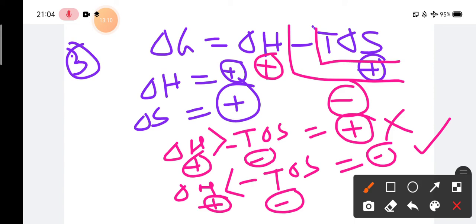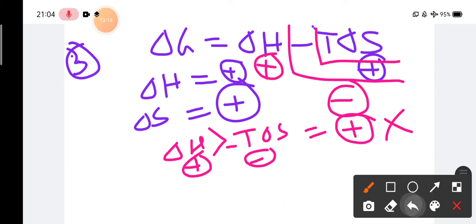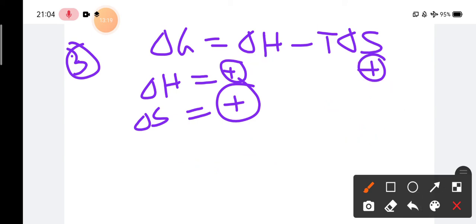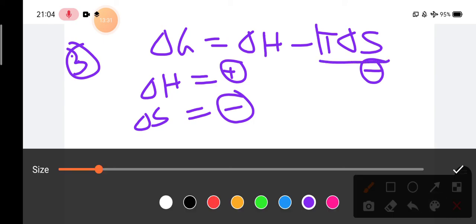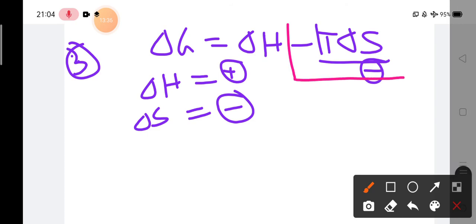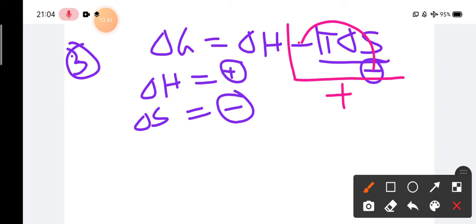So this is condition number 3, and let's move to the last condition, where delta H is positive and delta S is negative. If delta S is negative, that means T delta S is also negative. But as we know, minus T delta S is negative into negative, so minus into minus means positive.